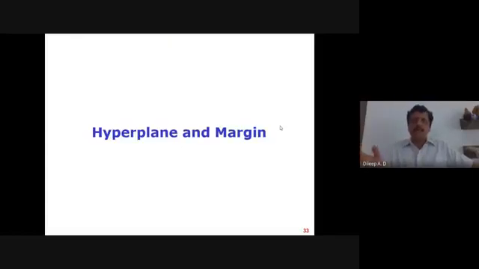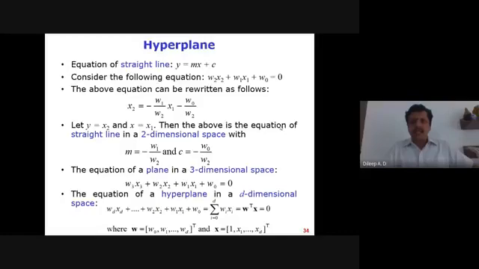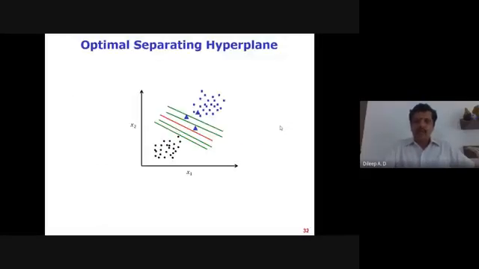Before understanding how it does that and how it guarantees it, we need to understand one piece of terminology, which we call the margin. If the separating hyperplane is supposed to be in the middle of the two class regions, then it should be equidistant between the boundaries of the two classes.